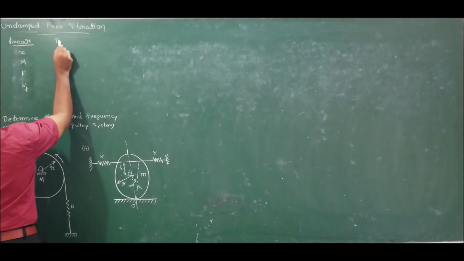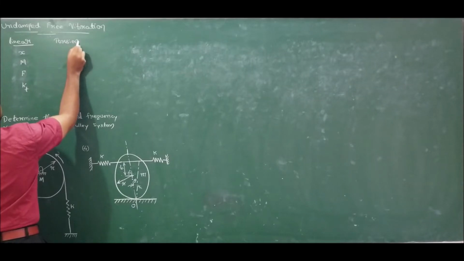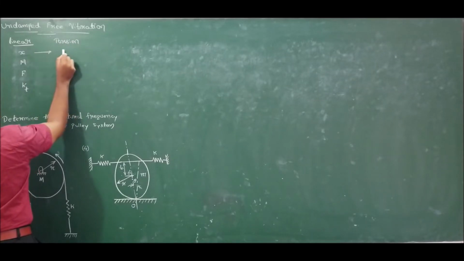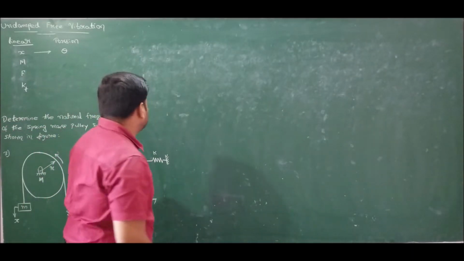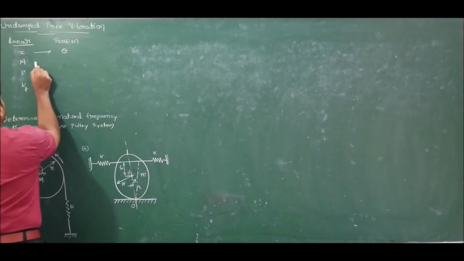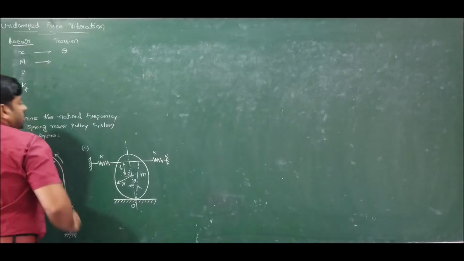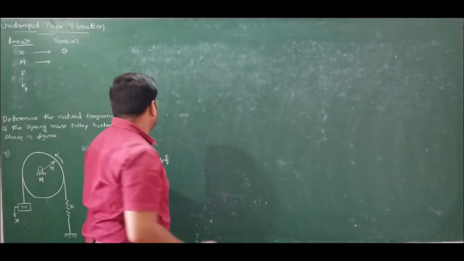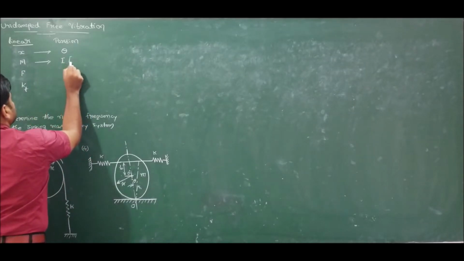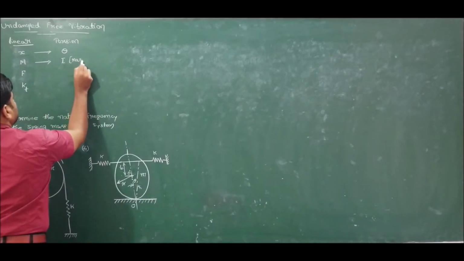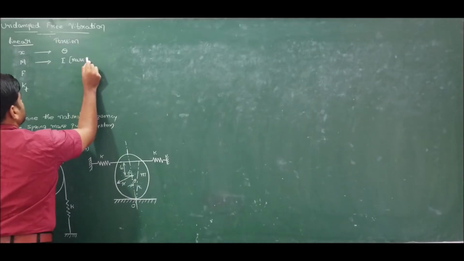In torsional systems, for linear displacement we will use angular displacement theta, that is angular deflection. If we use mass in the linear systems, we should use I, which is nothing but mass moment of inertia, in torsional systems.